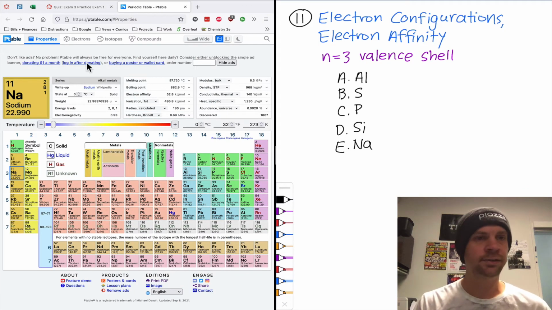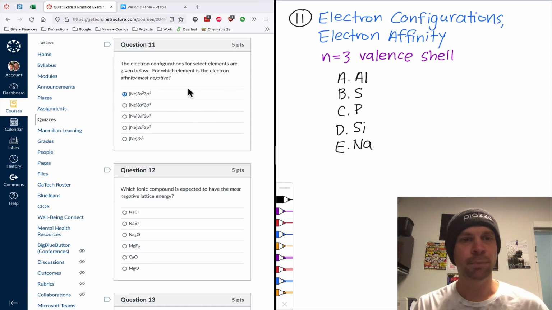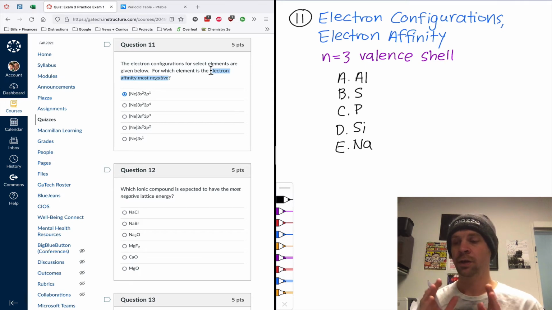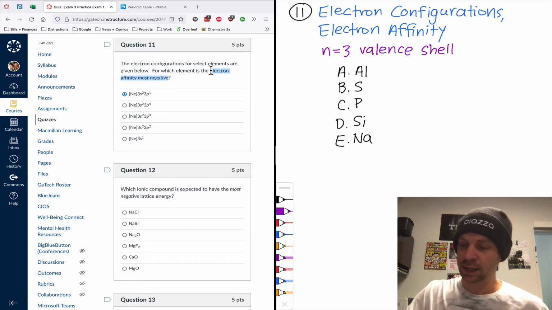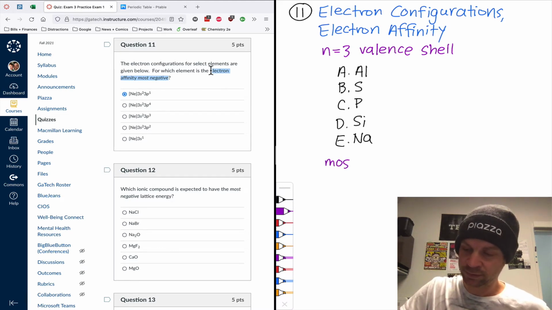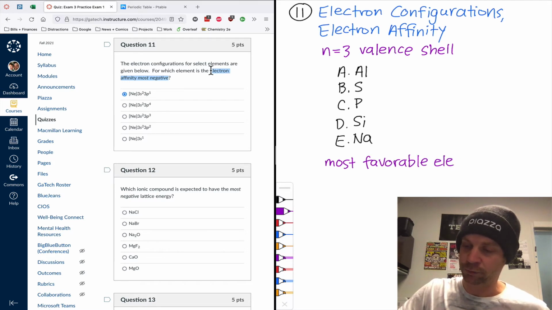Now, we're interested in the element that has the most negative electron affinity. So this is the most exothermic electron affinity. A way to put this in the language of the process that's going on is the most favorable electron capture.